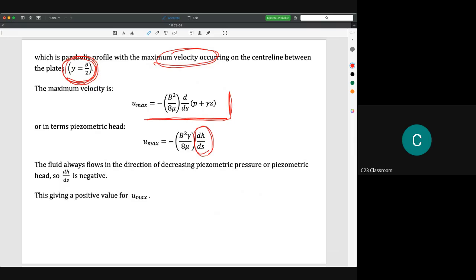What I want to say here is actually, if we test the pressure, we found that it will give us a negative term.